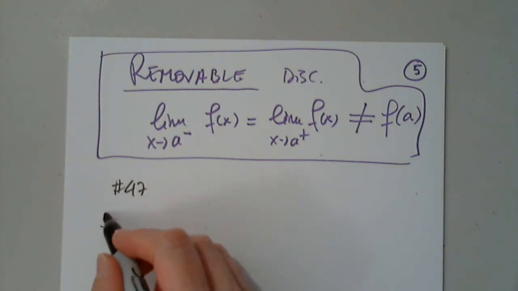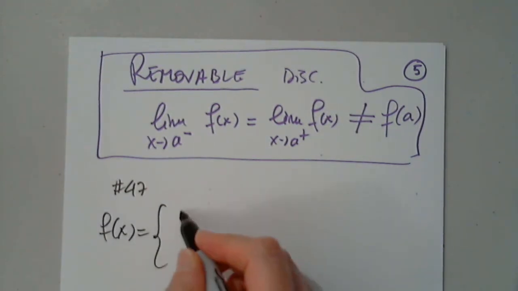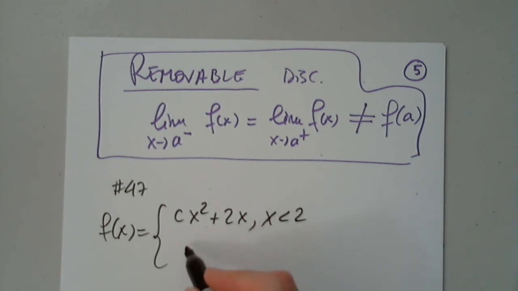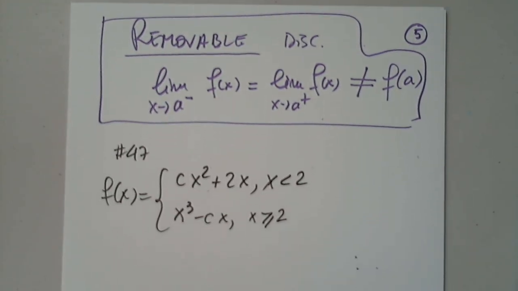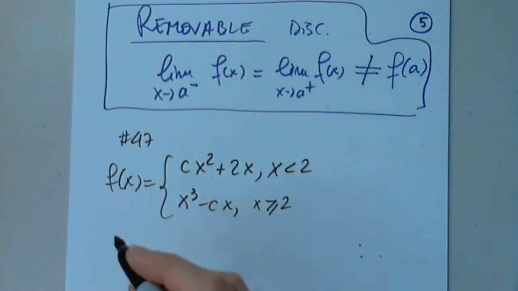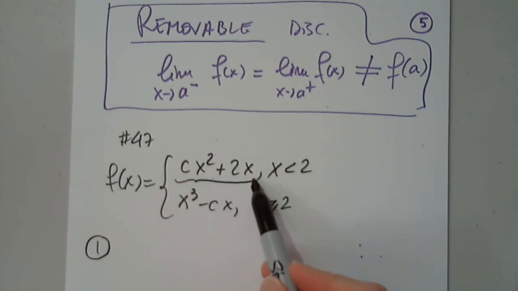So I'm going to copy the function f of x: cx squared plus 2x for x less than 2, and x cubed minus cx for x greater than or equal to 2. When we have a situation like this, we have to state, number one, what type of function is this?